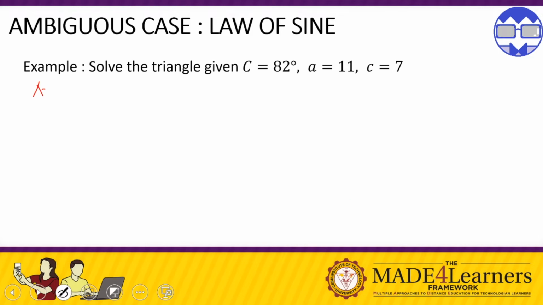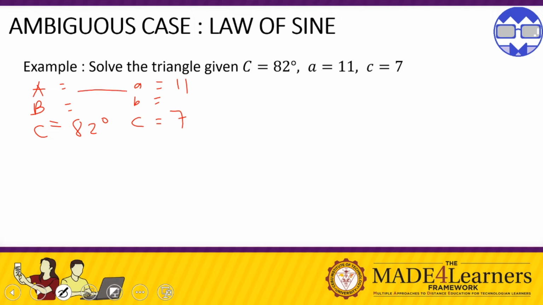So we have angles A, B, C, and of course A, B, C for sides also. First, list down the given. We have 82 degrees, then angle A unknown, angle B unknown. Side A here is 11, side C here is 7.